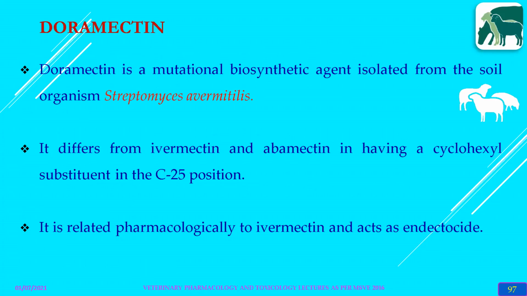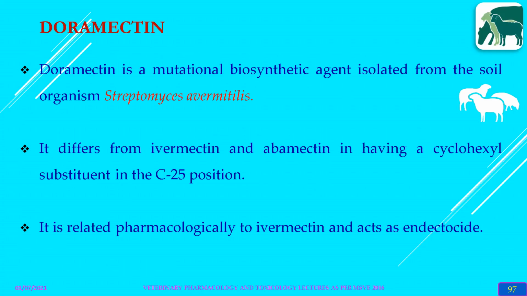And DORAMECTIN is a recently introduced drug, about 2 or 3 years back, and it's a biosynthetic agent isolated from the soil microorganism, that is Streptomyces avermectilis. It differs from ivermectin and abamectin in having a cyclohexyl substituent at the C25 position.